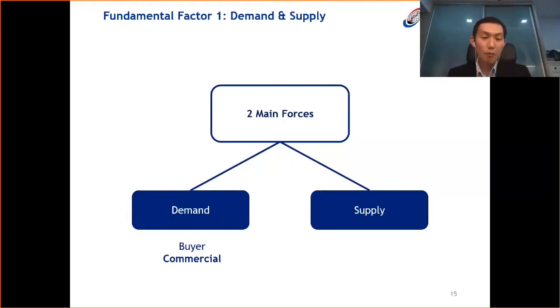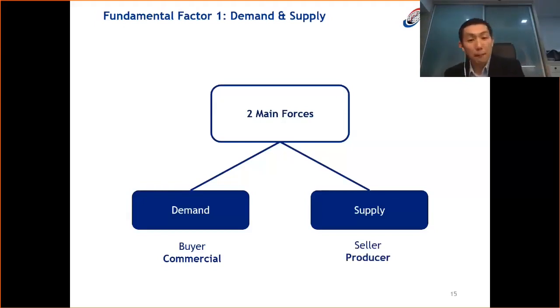And these commercials, these buyers, are the ones who take the physical delivery when your futures contract expires. So I repeat again, this big buyer is the one who takes the physical delivery of the crude palm oil. Okay, so this is the demand section.